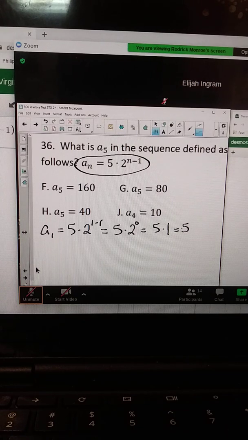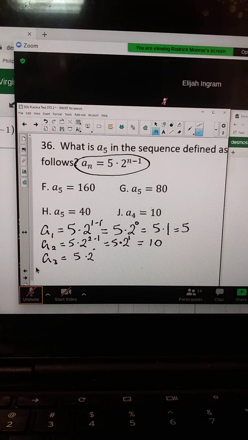Now, we go to the second one. So I have 5 times 2 to the first power. Therefore, that gives me 10. Plus 5 times 2 is 10. I go to the third one. Make sure you're copying this down, you all.